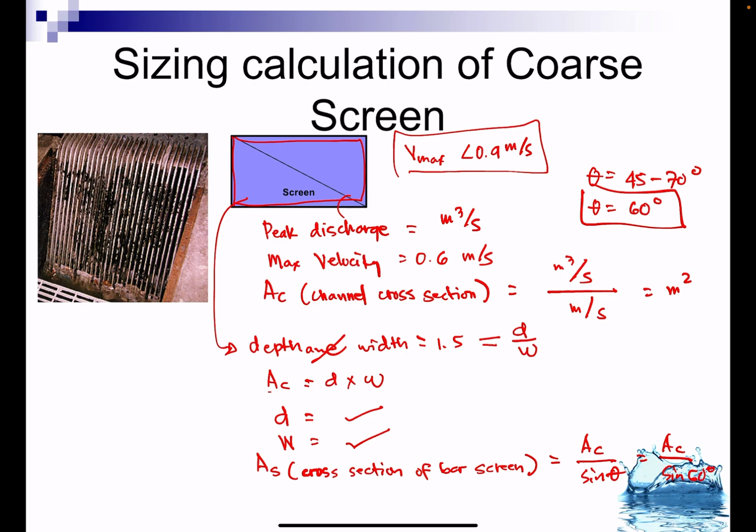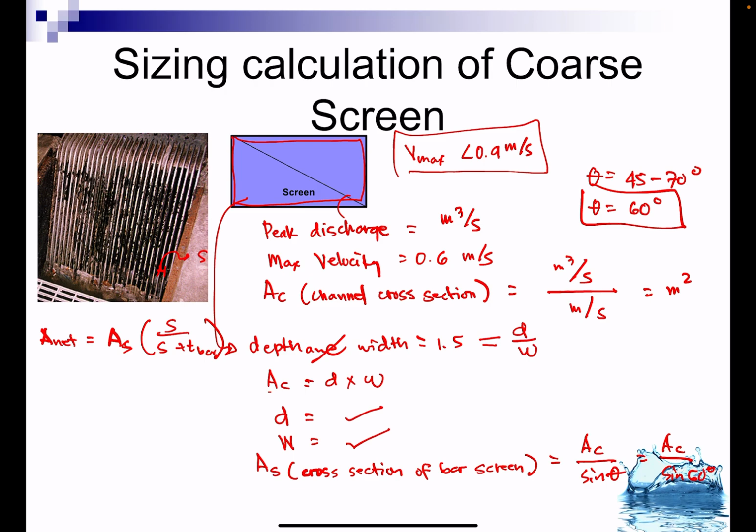Okay? Now, knowing AC and AS, the net area of the bar screen would be, from the formula, area net is equal to AS, the cross-section of the bar screen, times S over S plus the thickness of the bar. What is S? It is the space between the bars. And usually this ranges into centimeters lang.